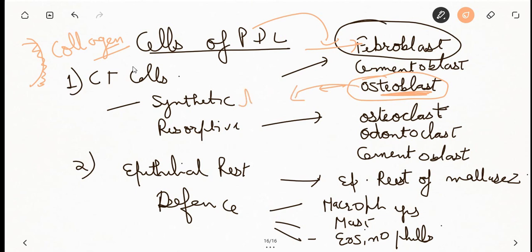In the osteoblast there is alkaline phosphatase, that is responsible for its mineralization. So it plays an important role in removal or deposition of matrix and of calcium when required.